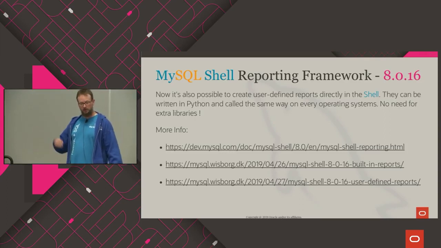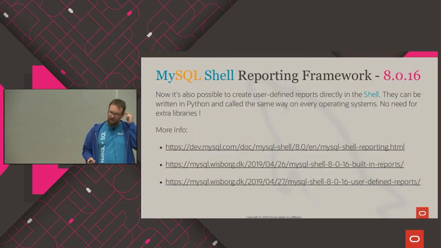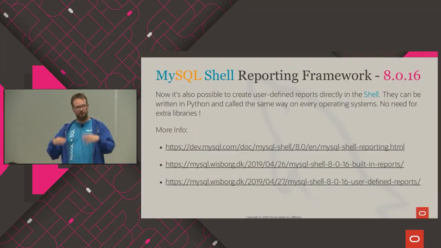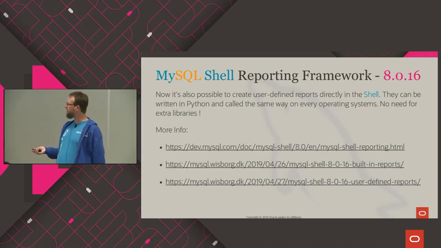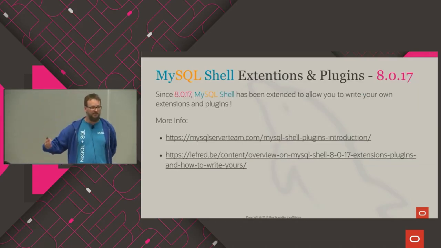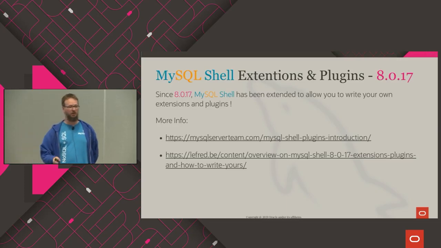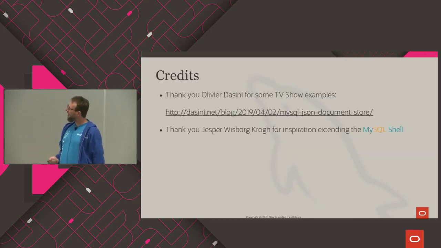So if you're a Python user and you want to extend the shell, it's possible. You can find here information on how to do that, because I have a session on that where we're going to extend the shell in Python, if you're interested. And we can also create plugins in Python for the shell. And these plugins that you write in Python can be used in JavaScript or whatever you want, very easily.